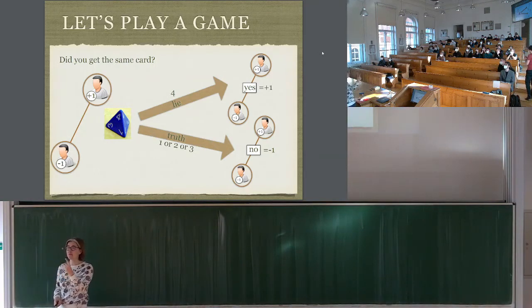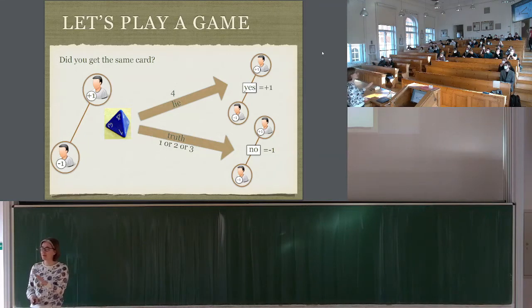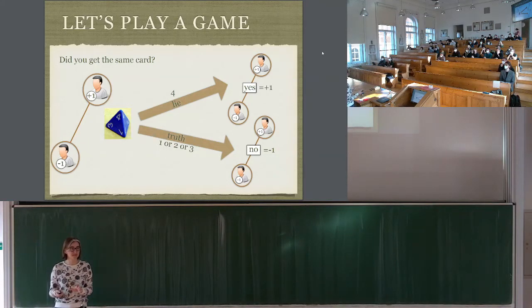And if you have 1, 2, or 3 on the dice, you tell the truth. And if you have 4, you lie. And you don't show me your dice, but you follow the rules. You tell the truth. It's the dice who decides. It's not you, right? So you tell me, are they the same? Yes or no. But you tell the truth or you lie, depending on what was on the dice.